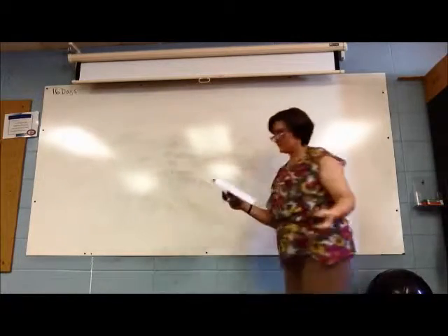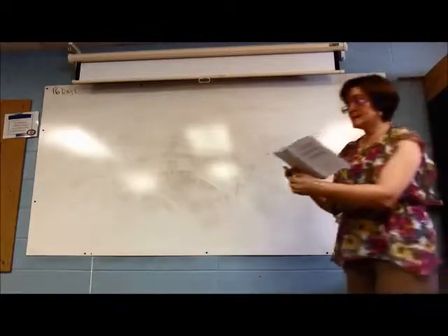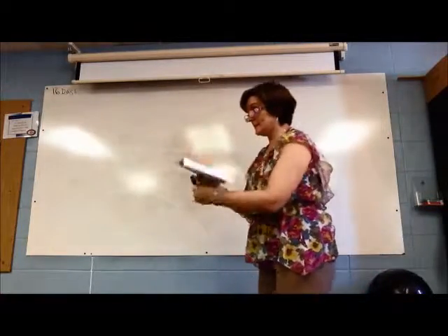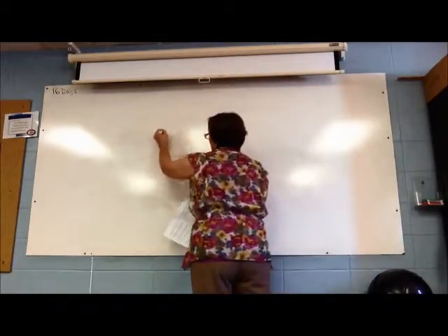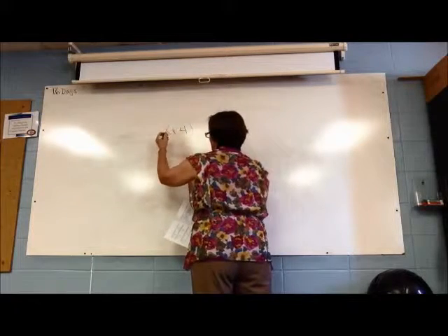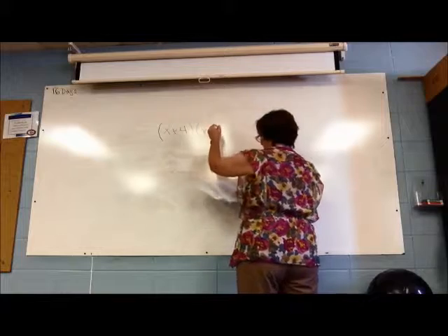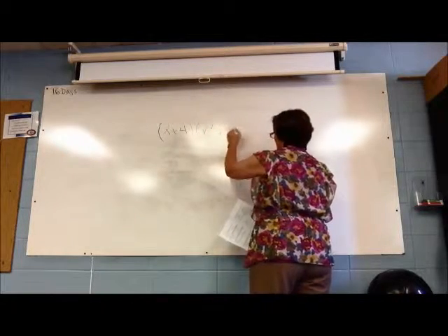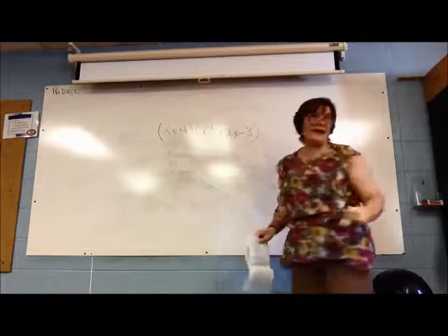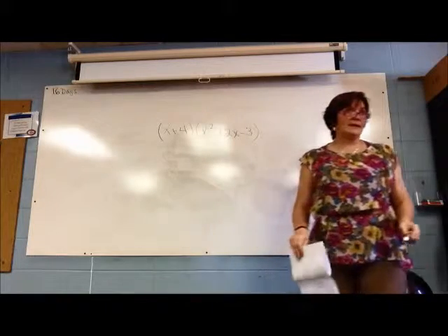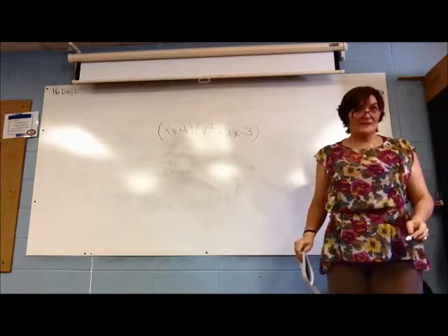Number 8. Do you do it like distributive property? No, you're trying to find the zeros. You're not thinking about what we've done before. So what are these? They are factors, and what can you do to that one? You can factor it again.